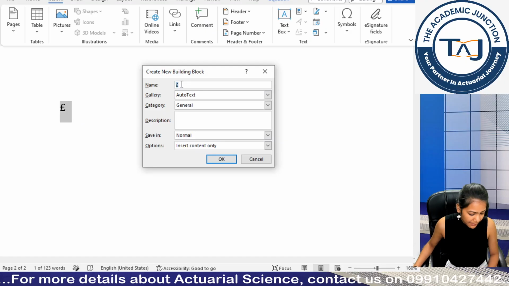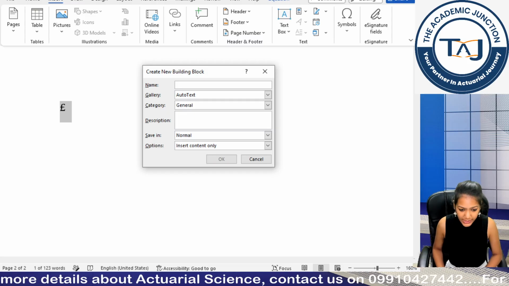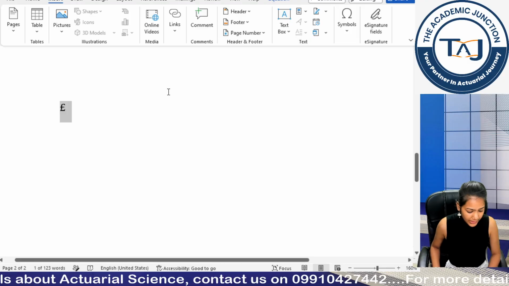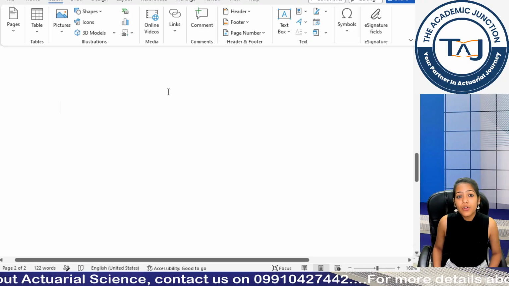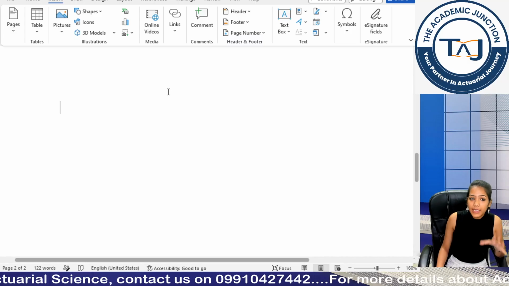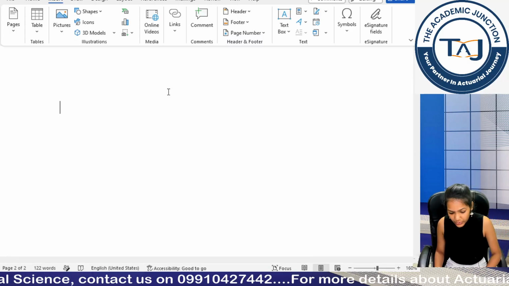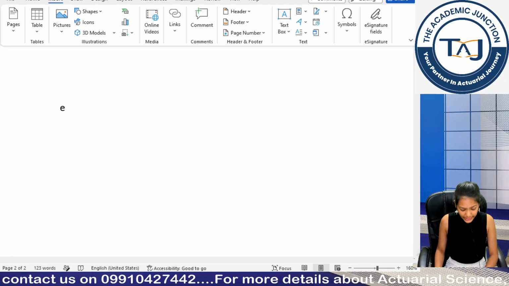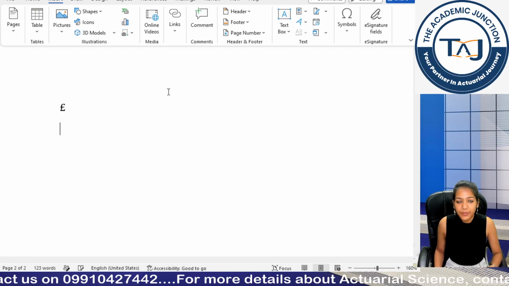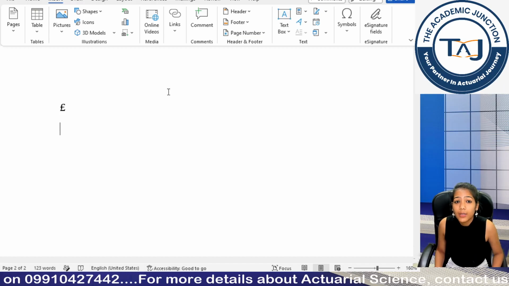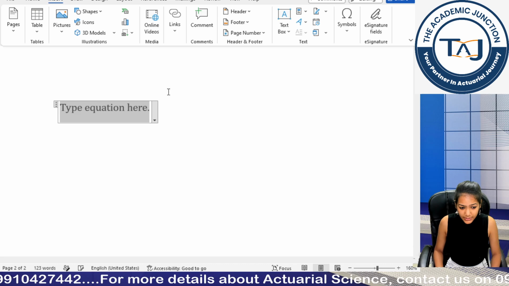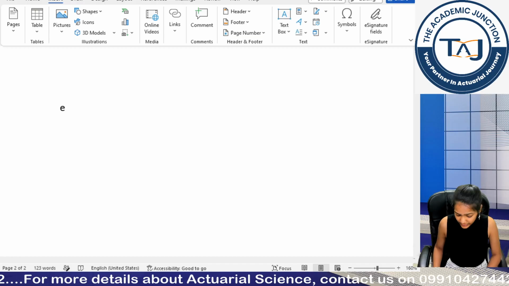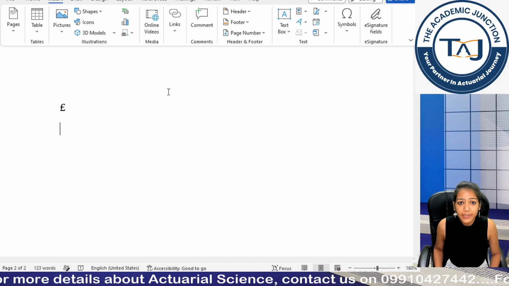At this name field I would type E, and then OK. Now whenever I want to insert this pound symbol in my equation, I type the name assigned to it, E, then simply press F3. I hope this is clear. Let's do it again. I assign the name E to it, then I press F3.